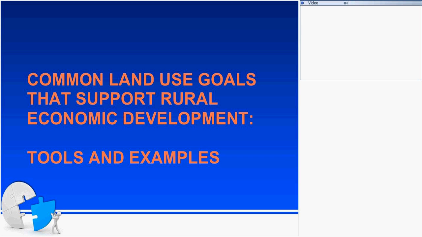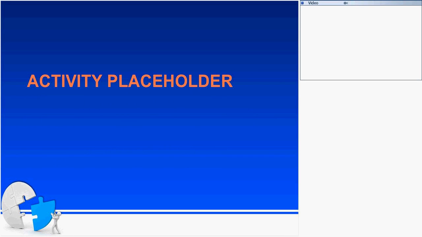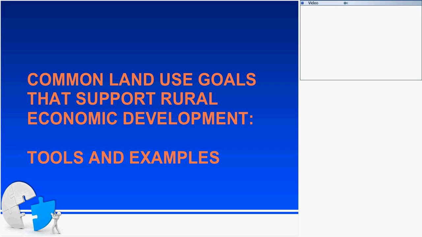The next piece of the training is where we go into the customizable materials. So this is where we've provided a menu of different specific tools and strategies that may be useful in your community or in your region, that you can pick from and substitute into this part of the training.